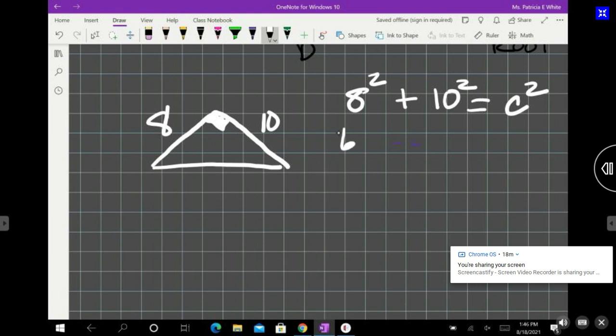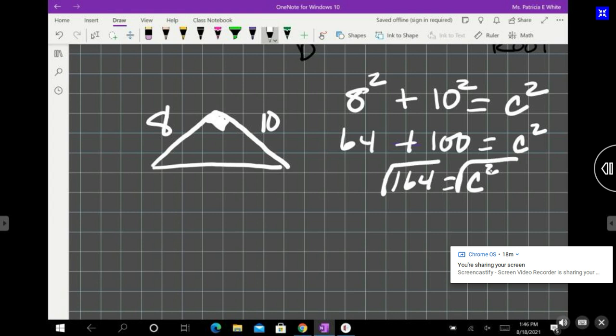Plus, what's 10 times 10? 100 equals C squared. All right, then I got to add them. 164 equals C squared. And regardless of whether I'm adding or subtracting, my last step is to always take the square root.